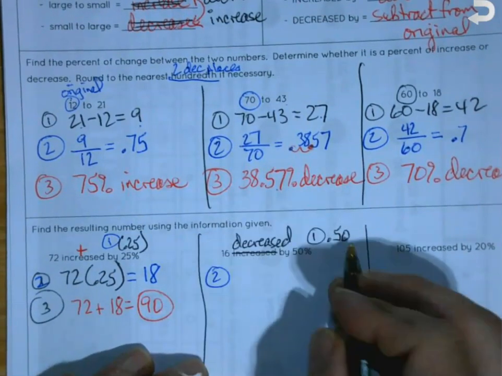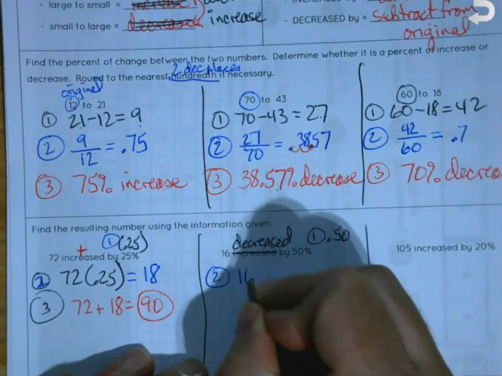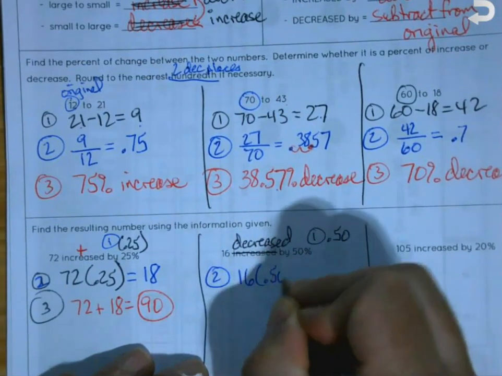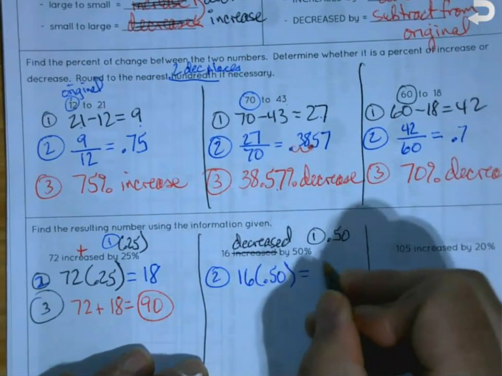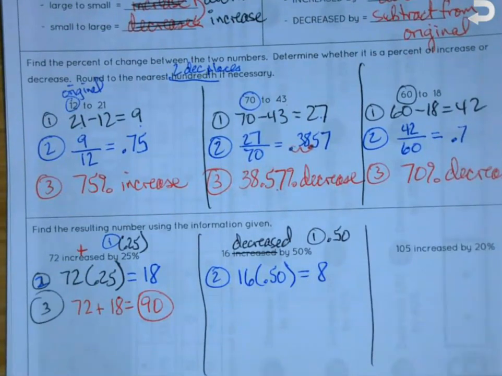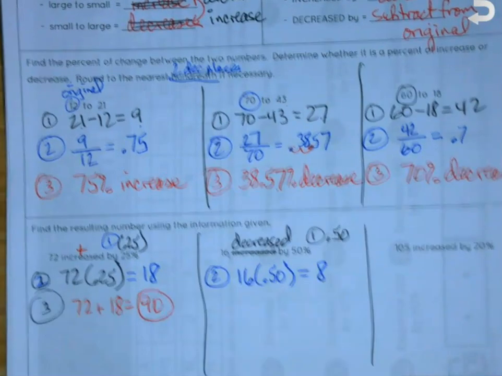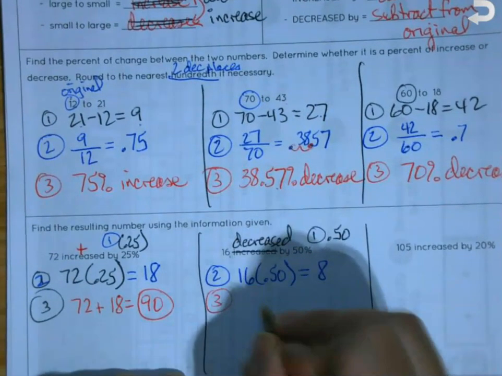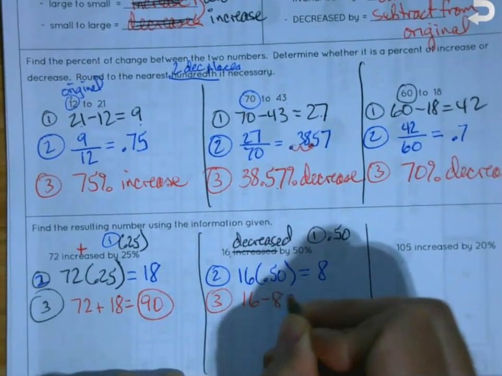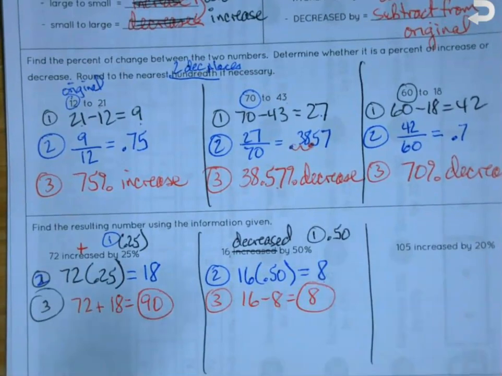Number 2, multiply the decimal times our number, so 16 times 0.5 or 0.50, which would be 8. And since it's decreased, we're going to take this product and subtract it from the original. 16 minus 8 is 8. It got smaller.